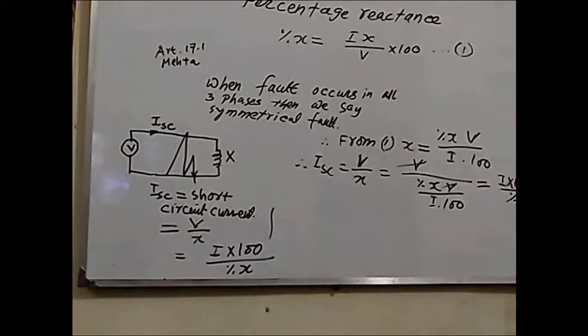How can I write IHC equal to I into 100 divided by percentage X? Have you understood how we can write? Yes, sir. What we have got is the formula IHC equal to I into 100 divided by percentage reactance.